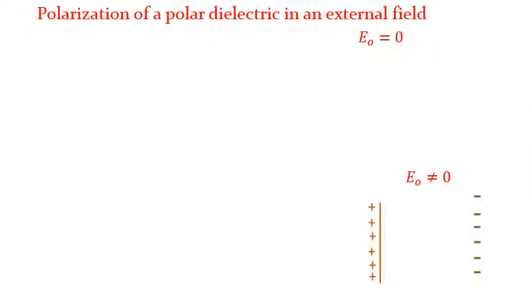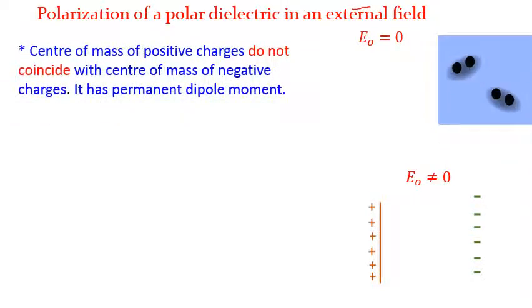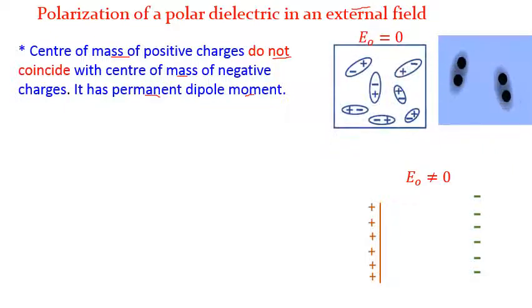Polarization of a polar dielectric when it is kept in an external field. Now we discussed these polar dielectrics. In these cases, the center of mass of positive charges does not coincide with the center of mass of negative charges, and it has a permanent dipole moment. We have discussed this figure also. In this case, the dipole moment is in this direction, here it is in this direction, here it is like this, and we can say these are randomly oriented.